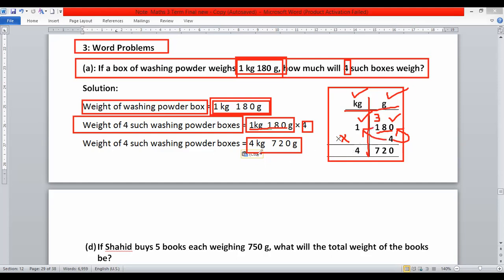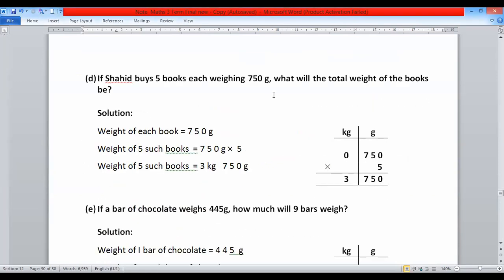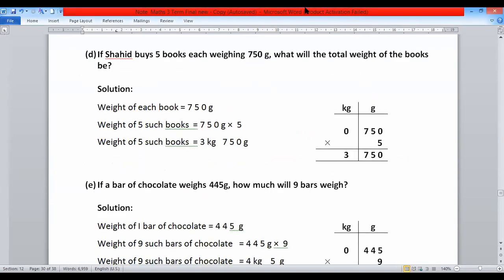So we get 4 kg 720 gram. Mean the weight of four such powder boxes is equal to 4 kg 720 gram. Dear students, in this way you can find the remaining two parts.